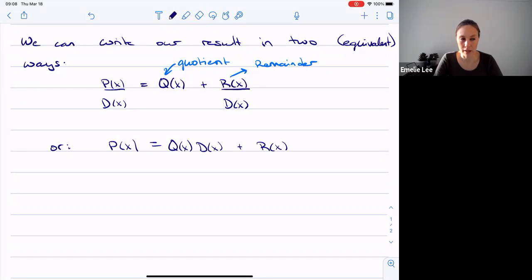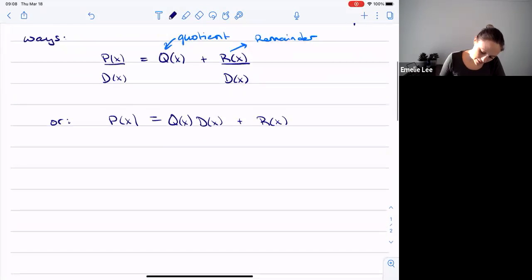in the denominator. Now, as long as we're able to find q of x and r of x, right? So as long as we're able to find the quotient and the remainder, we can construct the answer in any way we want, right? We just kind of plug it in.